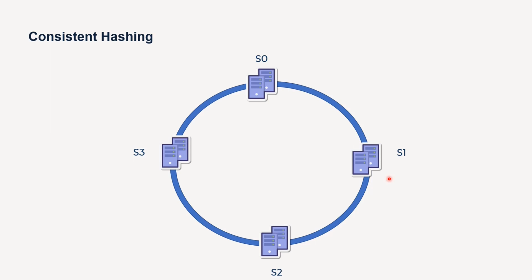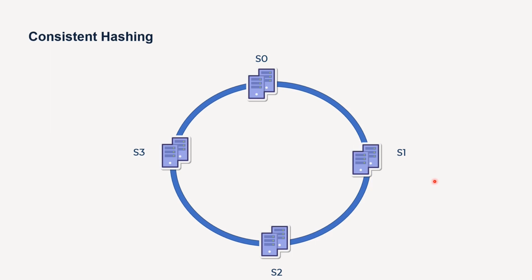In this ring, suppose you want to position your servers based on the IP, so you can position them accordingly. I just showed some degree here, but you can use whatever you want based on your hash function. Now suppose you have a new request, and you are using some hash function.